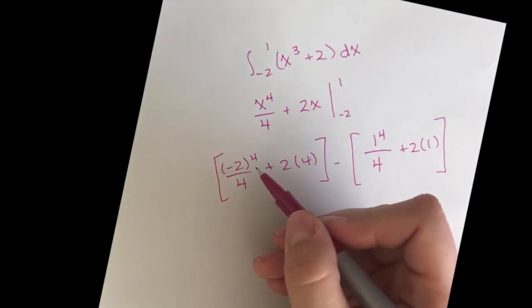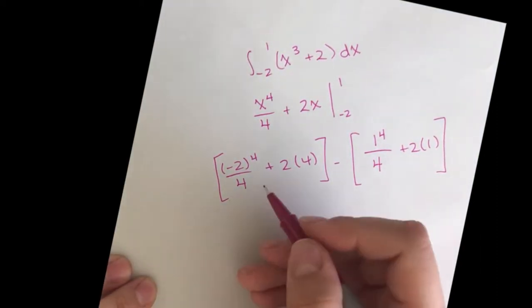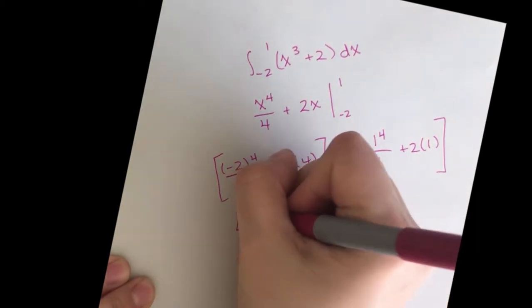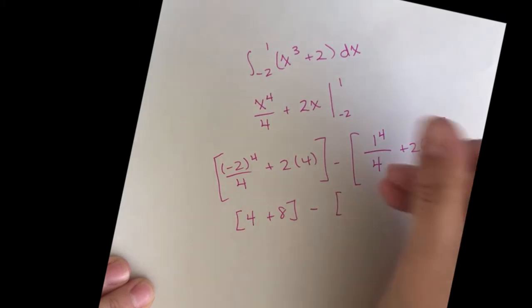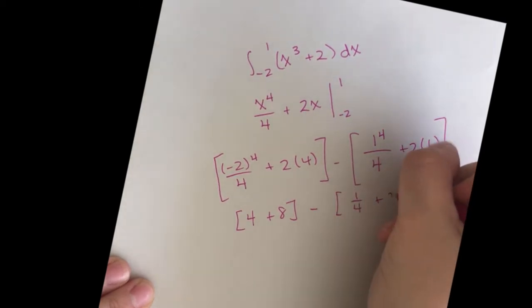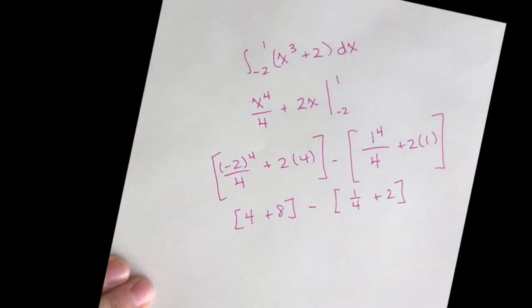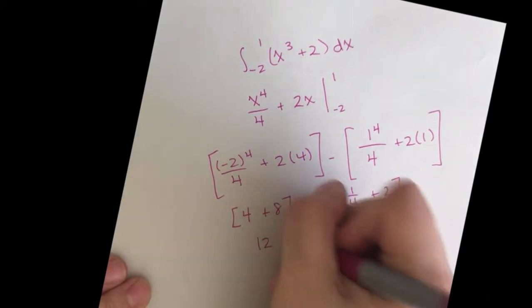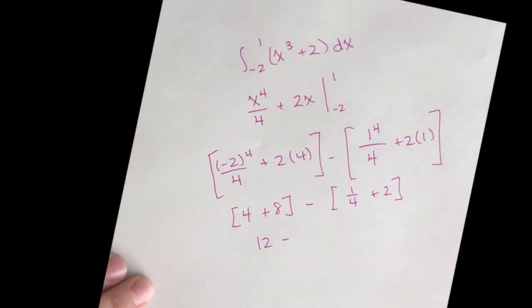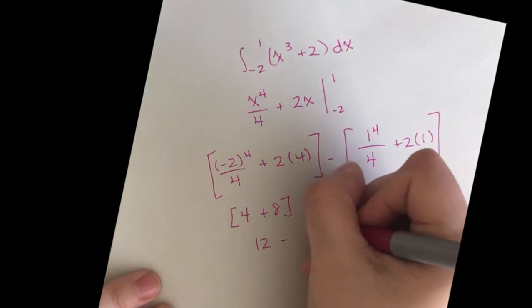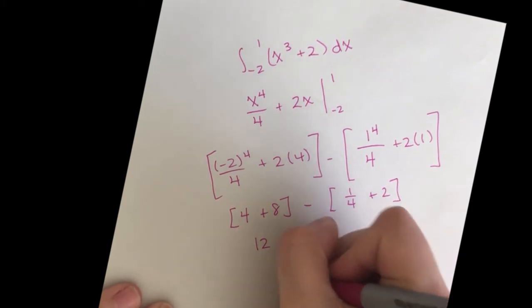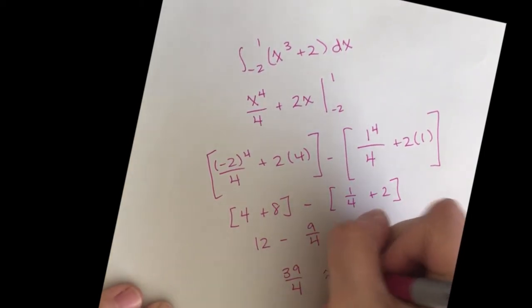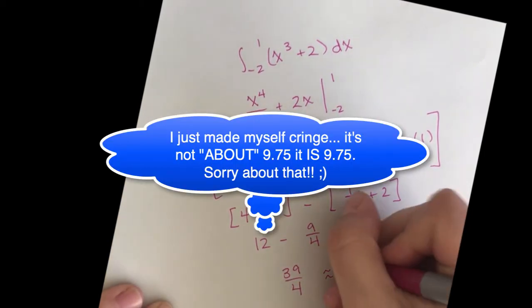Here I'm going to get 16 over 4, which is 4, plus 8, minus 1/4 plus 2. So I have 12 minus 9/4, which is 39/4, about 9.75.